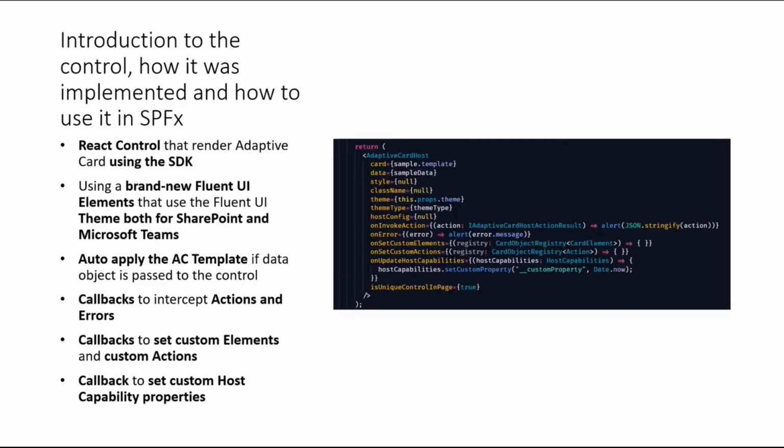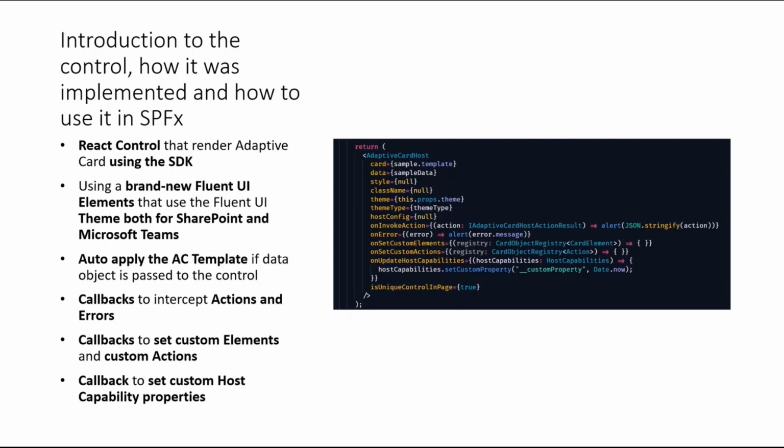So I created this control as a React control. And this control is medium complex because it implements a lot of things. For example, internally, it uses the SDK to take the card payload and render the adaptive card inside a specific element of the web part.